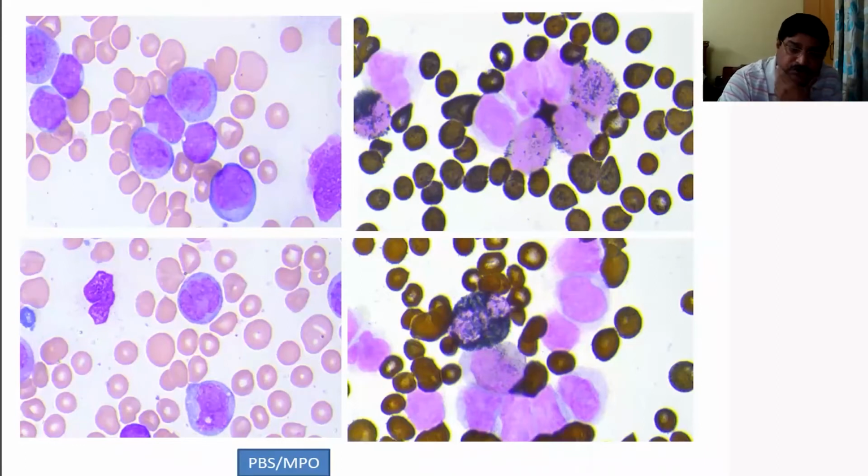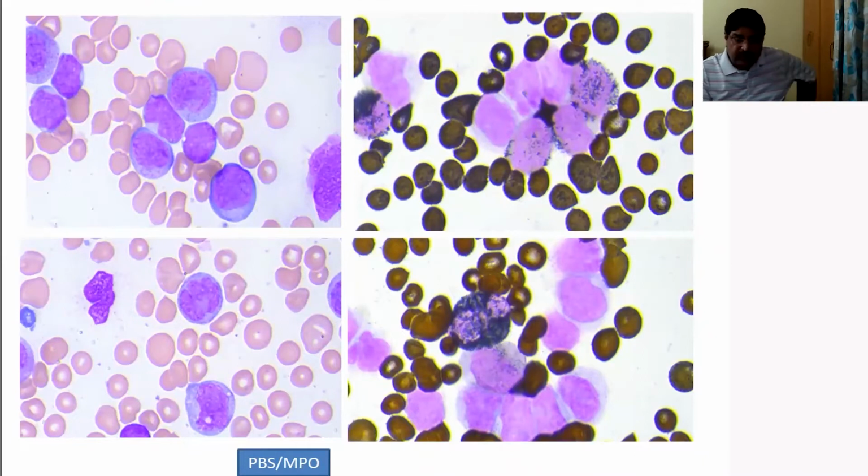So if you do a flow cytometry in acute promyelocytic leukemia, you will have certain characteristic flow cytometric features. They are CD34 negative, CD117 positive, and HLA-DR negative. So you can label them as possible APML, and advise cytogenetics for 15;17.